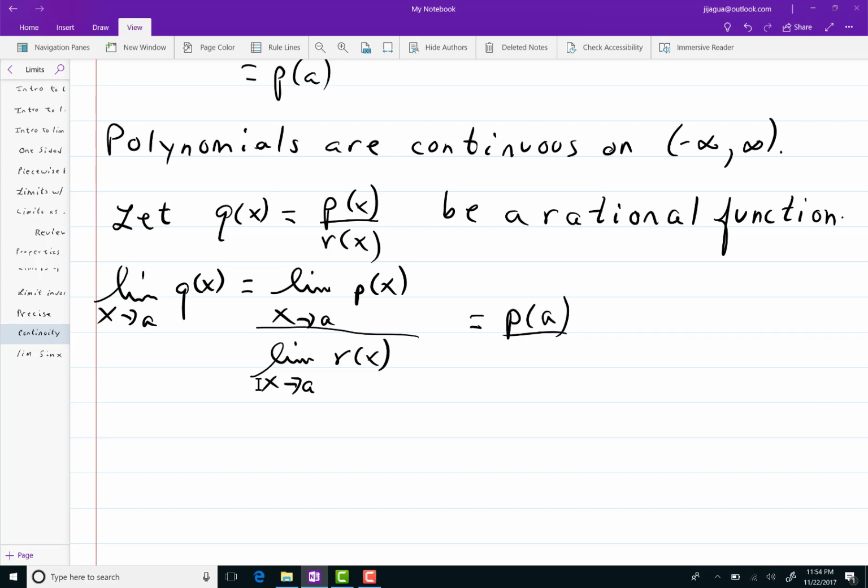We now know from what I just did that this equals p(a) over r(a), which is exactly the same as q(a), assuming that a doesn't make the denominator 0. So, rational functions are continuous wherever they're defined.